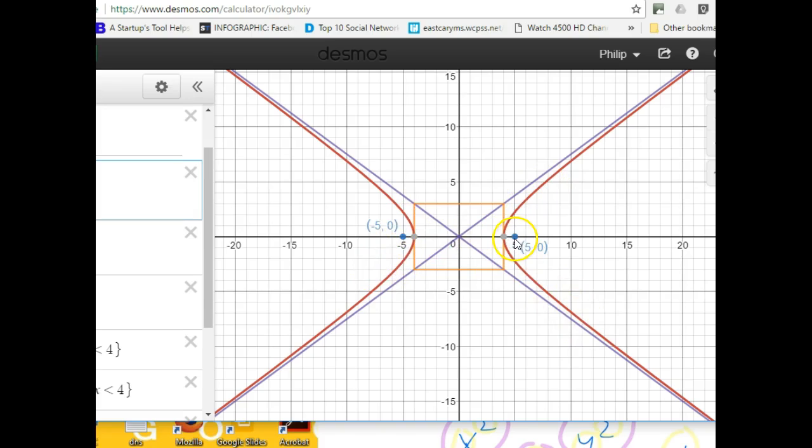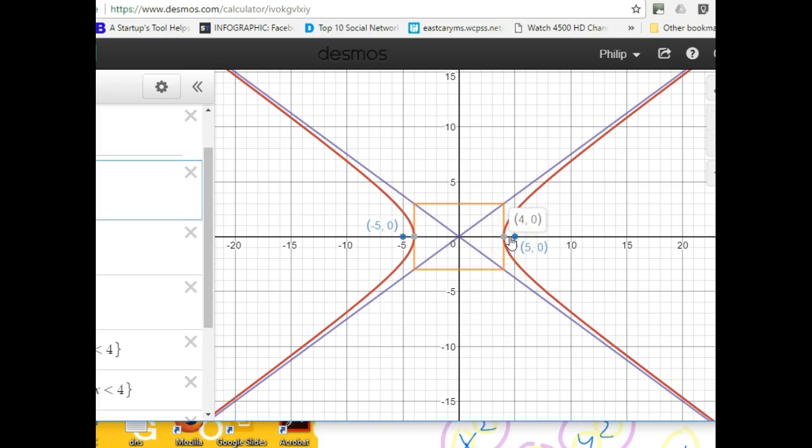Now, what are the points (5, 0) and (-5, 0)? These are the foci, the two focuses that are used to generate the hyperbola from the point of view of what we call conic sections, which is our next chapter. In the investigation, this was the little moon that we were trying to go between the moon and the planet.